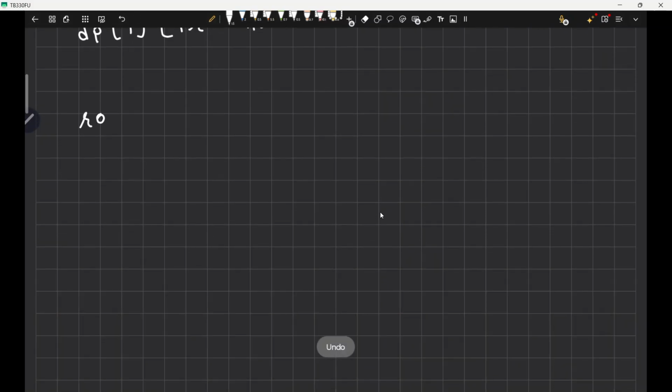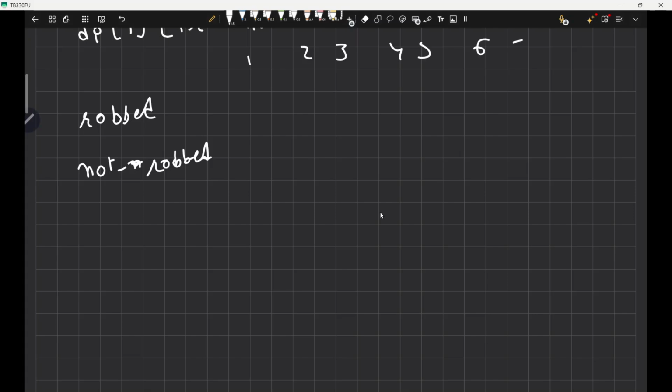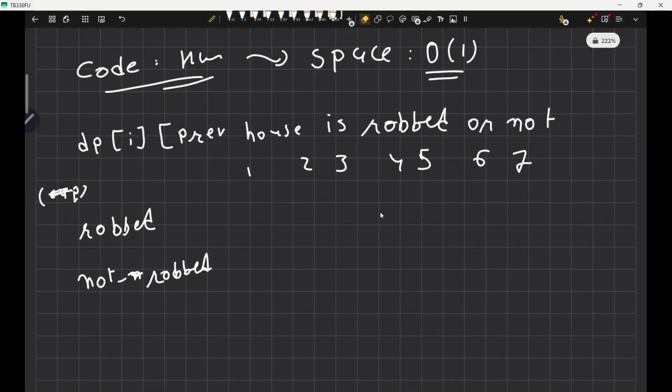Let's say robbed and not robbed, and 1, 2, 3, 4, 5, 6, 7, right? And this is whether the current house is robbed, sorry, previous house is not previous house. It is current house.